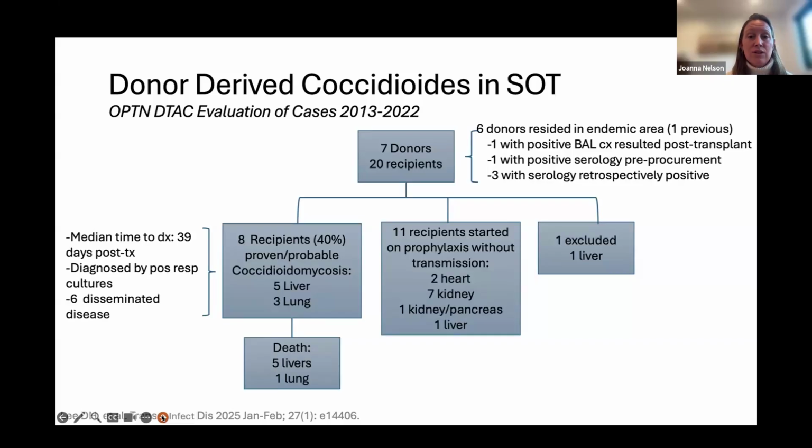Importantly, these 7 donors all were living in or had previously lived in endemic areas for cocci. The microdata was across the board, with one having a positive BAL prior, which resulted post-transplant, one with positive serologies pre-procurement, and 3 who had serologies done later, retrospectively, which turned out to be positive.